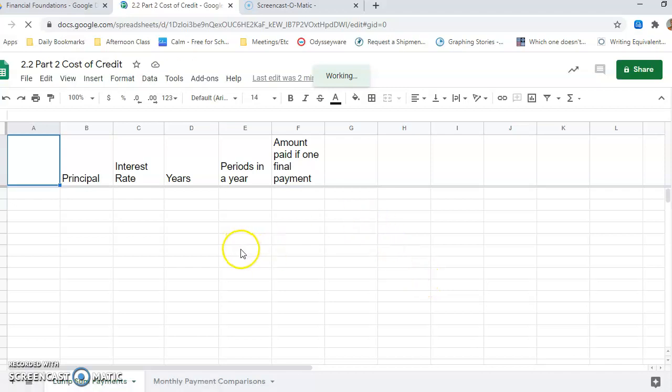Some of you may be familiar with spreadsheets, and some of you this might be brand new. Spreadsheets are one of my favorite things, and once you get used to them, you will see how powerful they are. If we can write a formula, the computer just does all the work.